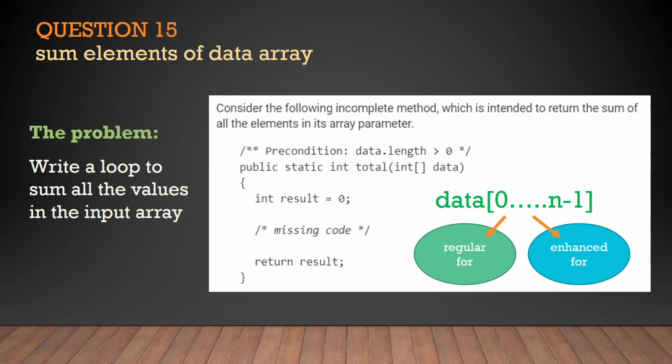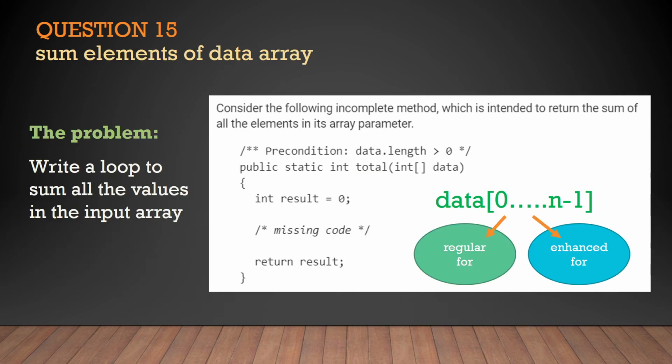Write a loop to sum all the values in the input array. Okay, so this is writing a sum. Doing a sum is pretty easy actually. You can use a regular for loop or an enhanced for loop for this. Very, very simple. Just keep a tally, a variable which handles your result, and just add it all up one by one.